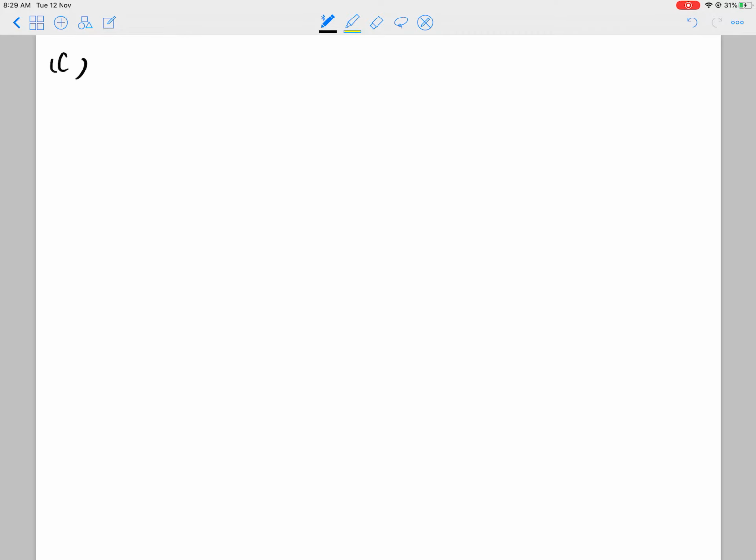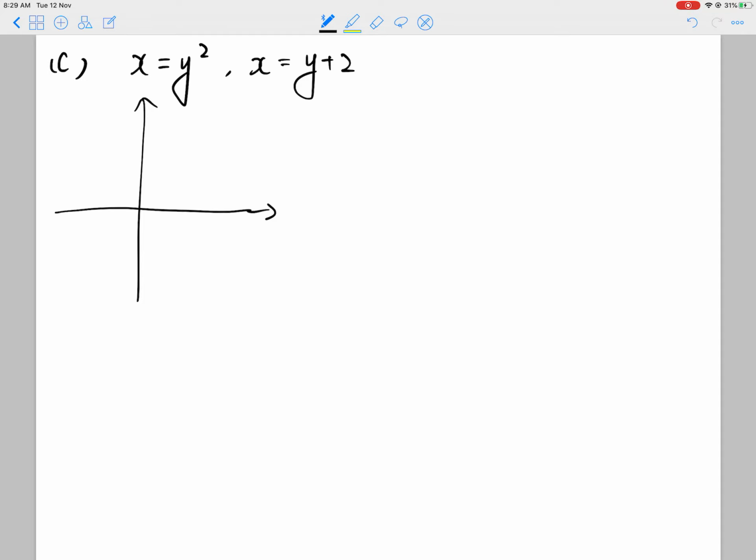Alright, part C and part D are a little bit different. Part C, now x is y squared and x is y plus 2. So what is x equals y squared? y equals x squared looks like this.